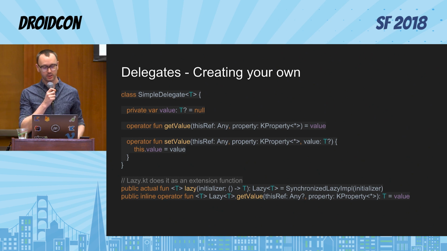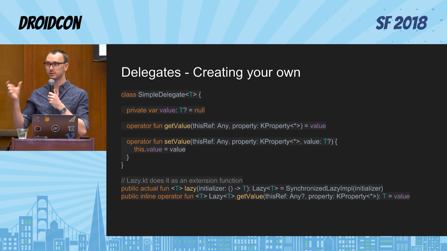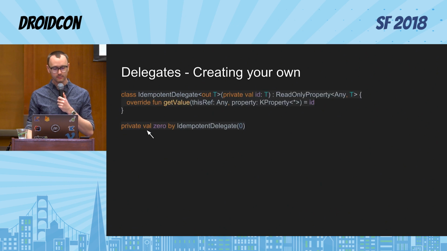So lazy is actually a top-level function that returns an object that is capital L Lazy, and its get value methods are actually inline operator functions that are extension functions on the Lazy type. So that's how they build them. So you could do the same if you wanted. Like I said, I'd suggest using the interfaces just so it's obvious what you're doing in your code.